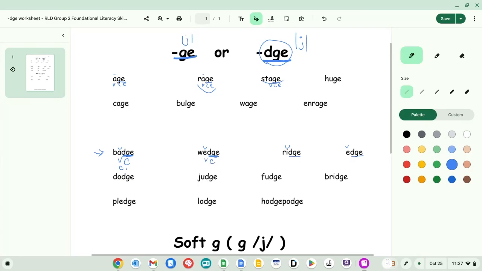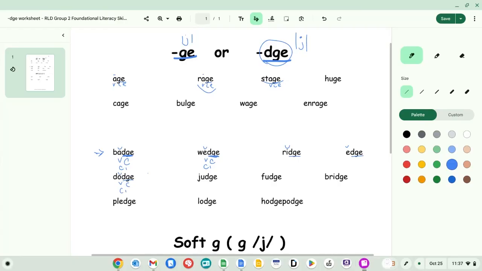So when we see that vowel, that's a closed syllable type, which makes that say wedge. Let's try some here. So I see DGE, that's a consonant, and that's a vowel. So this is a closed syllable, so it says ah, so the word is dodge.